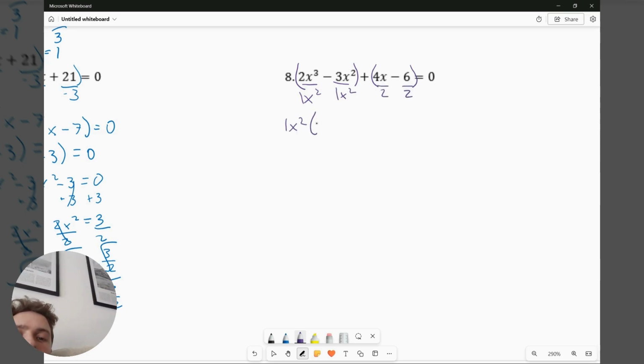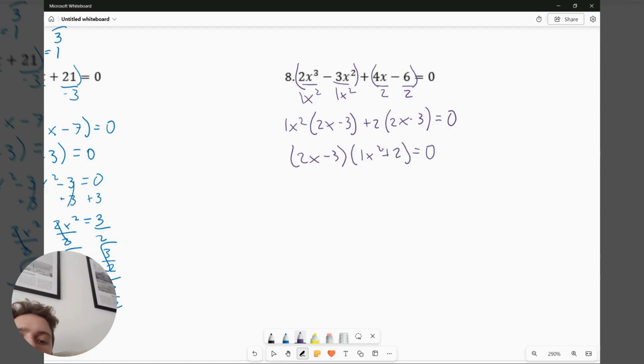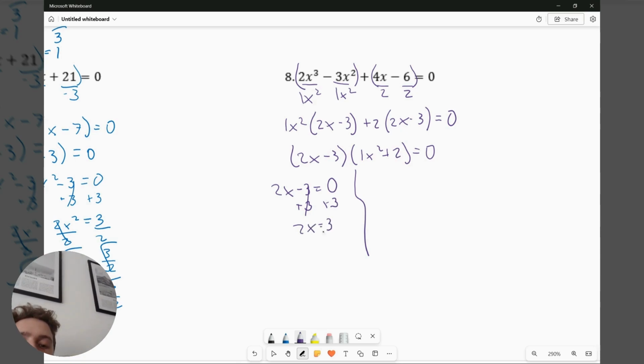But again, it is just that same idea. Separate it like before and solve. If you were to solve this one, you'd get positive 3 over 2, which we see that now.